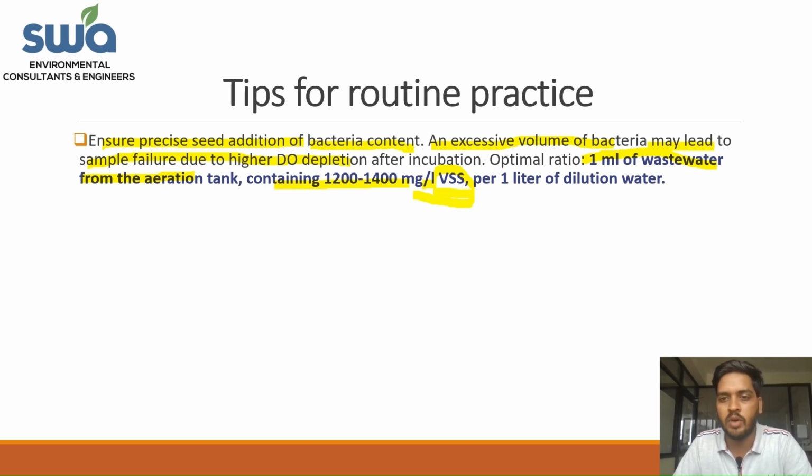Again, add 1 ml of wastewater from any aeration tank, but it should contain 1200 to 1400 milligram per liter of volatile suspended solids. You add 1 ml per 1 liter of dilution water. If you are preparing 5 liters of dilution water, then add 5 ml. You can add it in this portion.